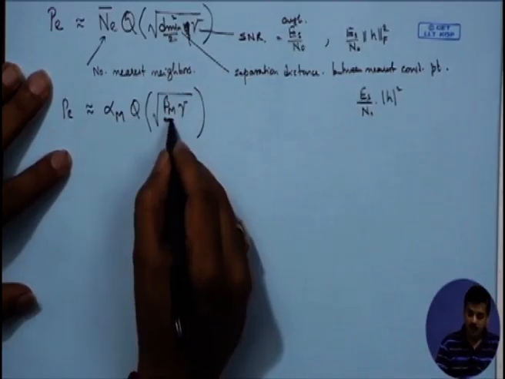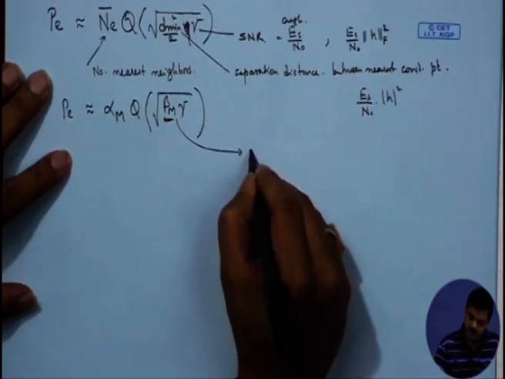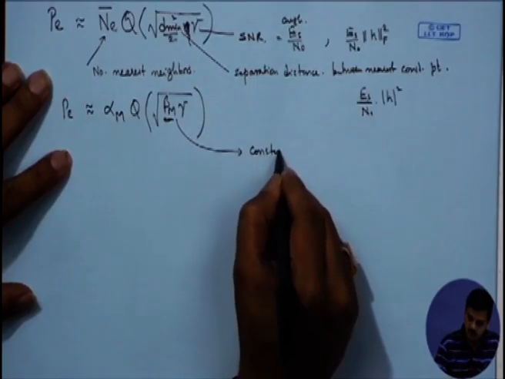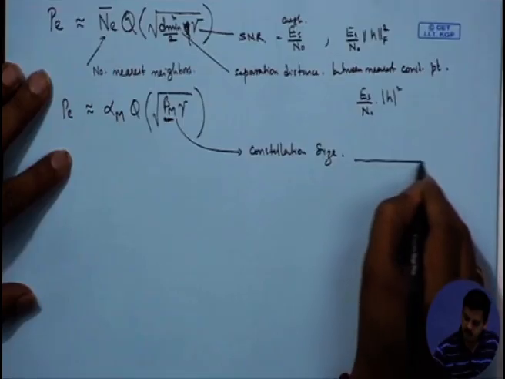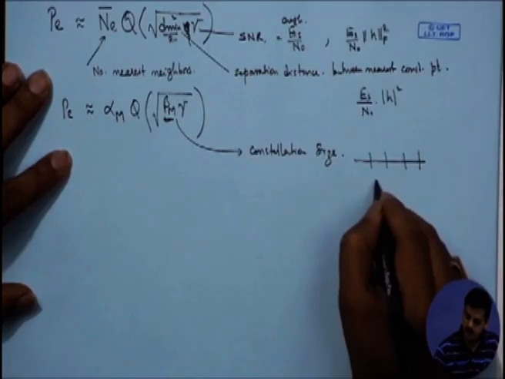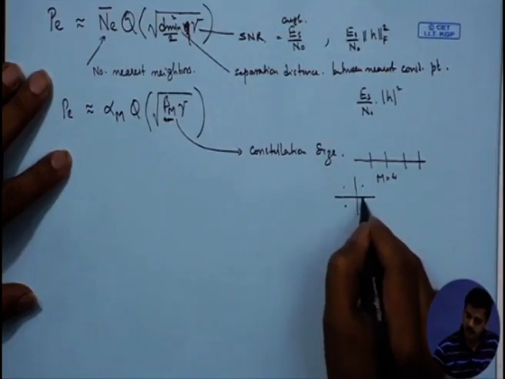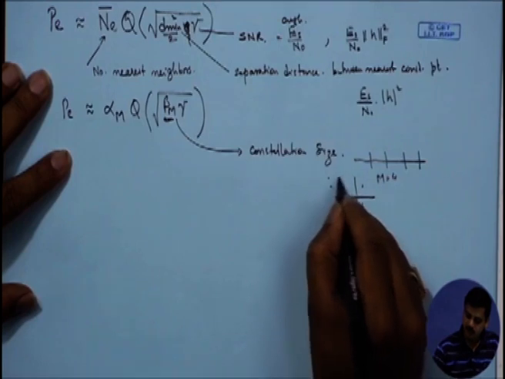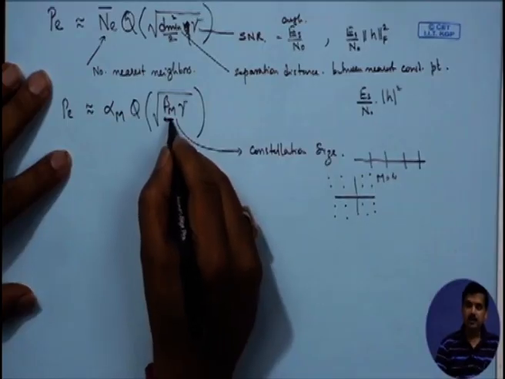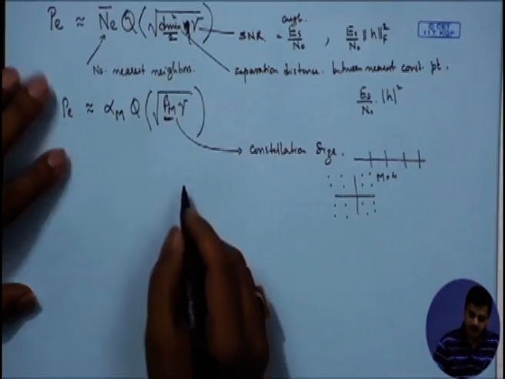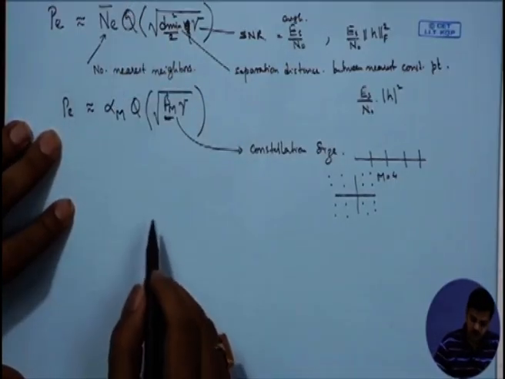Here we have been using this expression in earlier cases, but this particular m is the constellation order, the constellation size. That means if it is pulse amplitude modulation and there are 4 levels, m is equal to 4. If it is QAM, for this case m is equal to 4, for this case m is equal to 16. So this m is dependent upon the constellation size and not the spatial m, and we might be confused with these expressions.